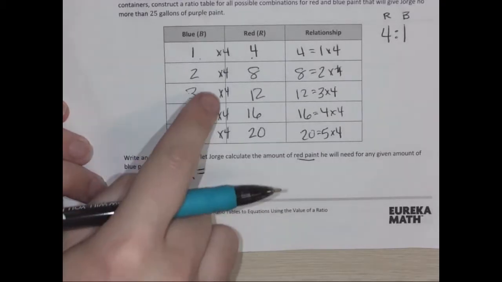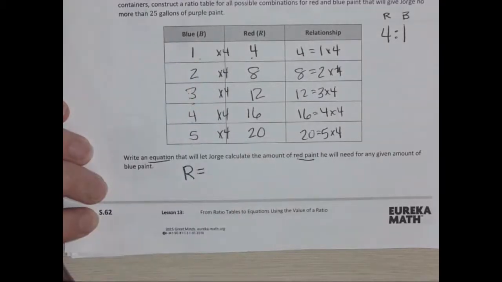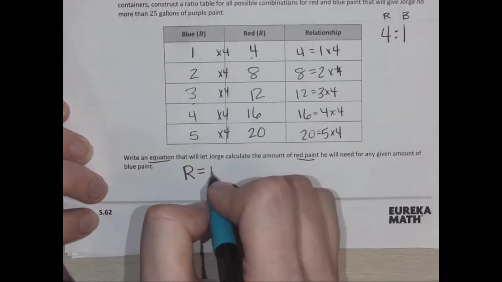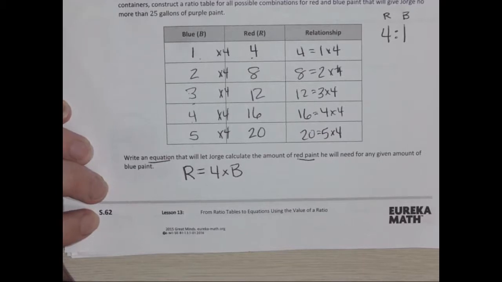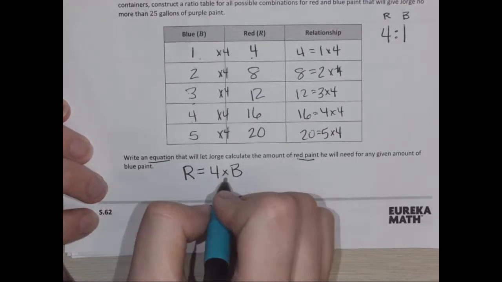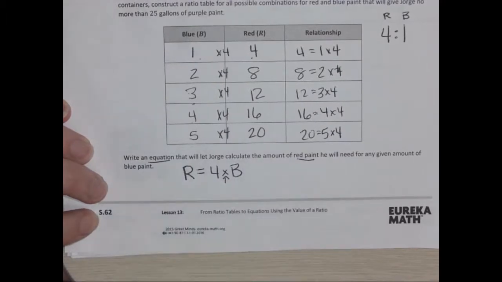What do I do to my amount of blue paint to find the amount of red paint, Kai? I multiply it by 4. So red paint equals 4 times blue paint. When I write an equation, I do not need to write the multiplication sign.